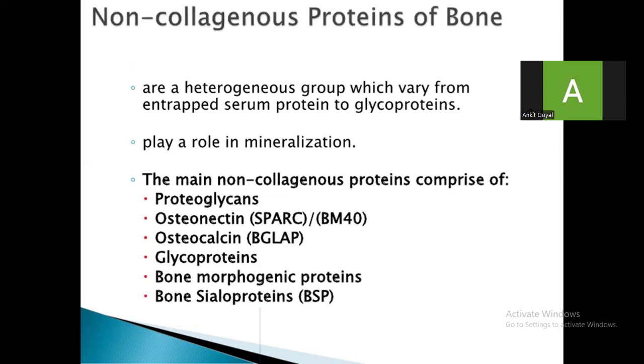Non-collagenous proteins of bone are a heterogeneous group which vary from entrapped serum protein to glycoproteins. They play a role in mineralization. The main non-collagenous proteins comprise proteoglycans, osteonectin, osteocalcin, glycoproteins, bone morphogenetic proteins, and bone sialoproteins.